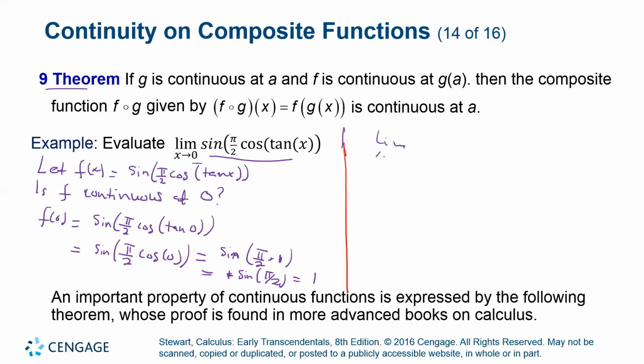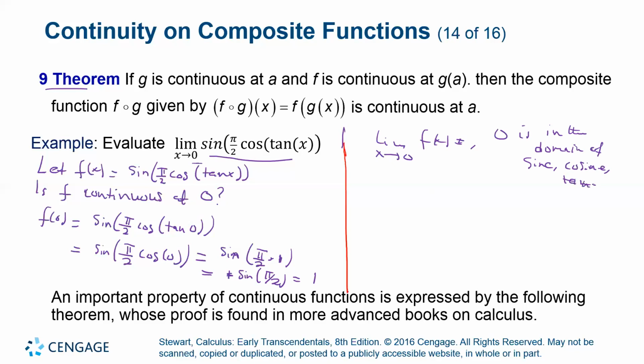Now let's consider the limit as x approaches 0 of the same function f of x. Notice that 0 is in the domain of sine, cosine, and also tangent. So 0 is in the domain of the sine, cosine, and tangent functions here.